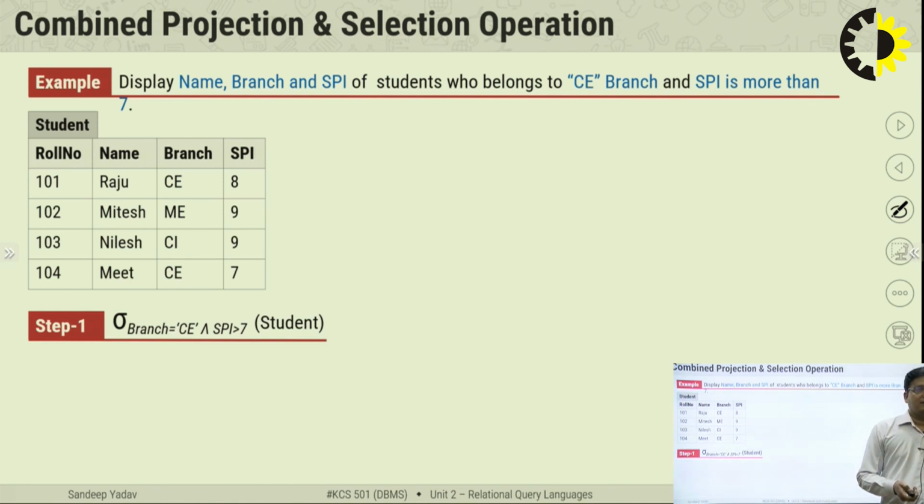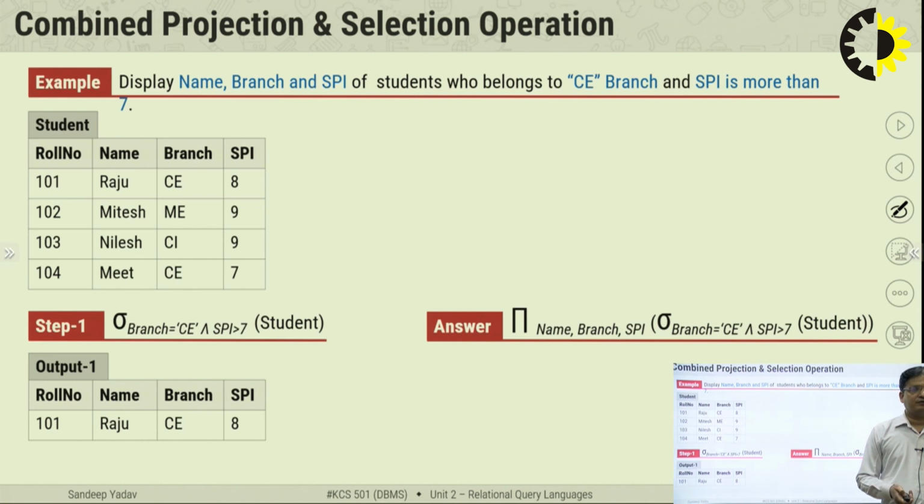Condition is sigma branch equal to civil and SPI greater than 7, followed by the name of the relation. So this will give you the following output. Only one student from civil branch has SPI greater than 7. So the entry will be 101, Raju, civil and SPI is 8.